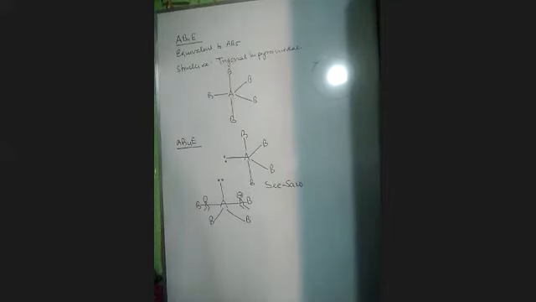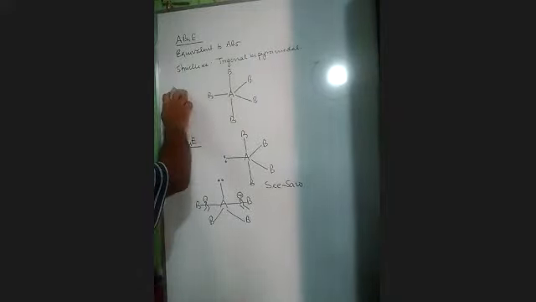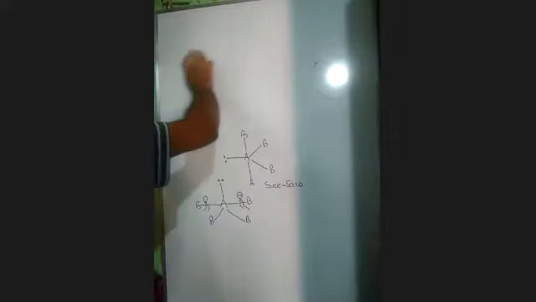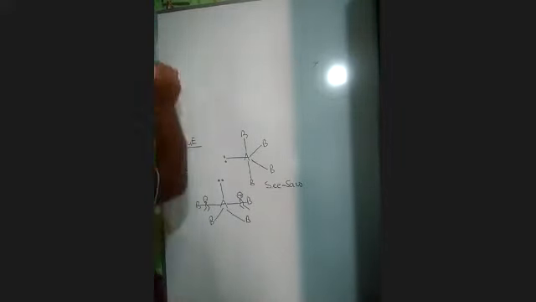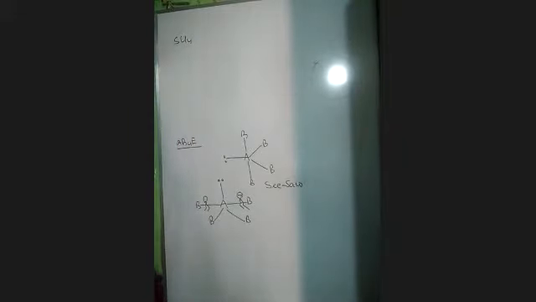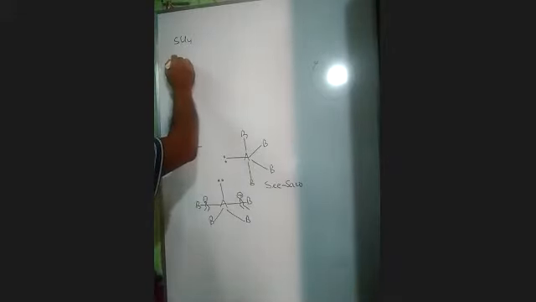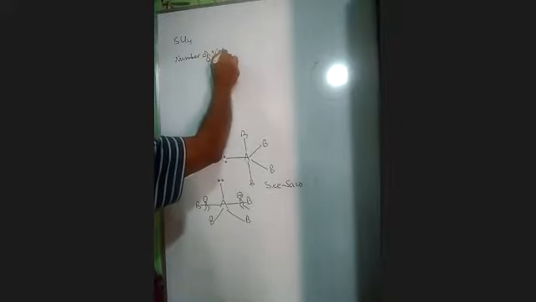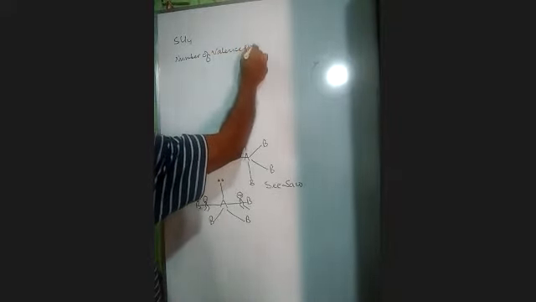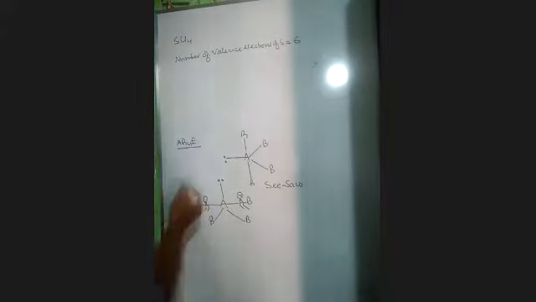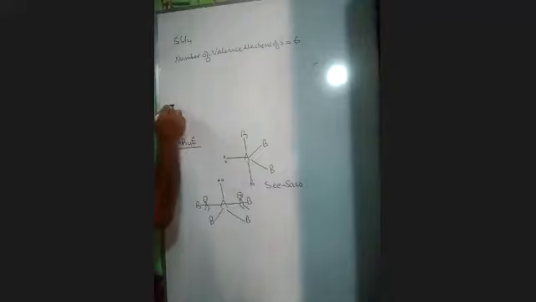Let's do the example. SCl4. See, number of valence shell electrons of sulfur, 6. So this is sulfur.